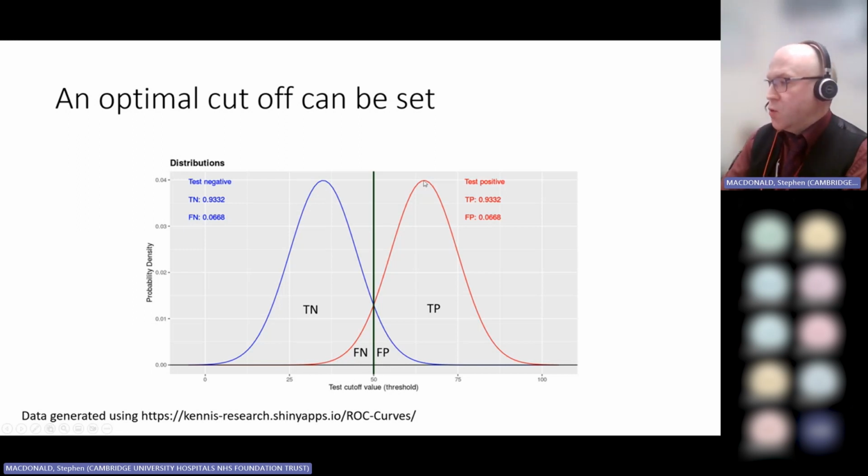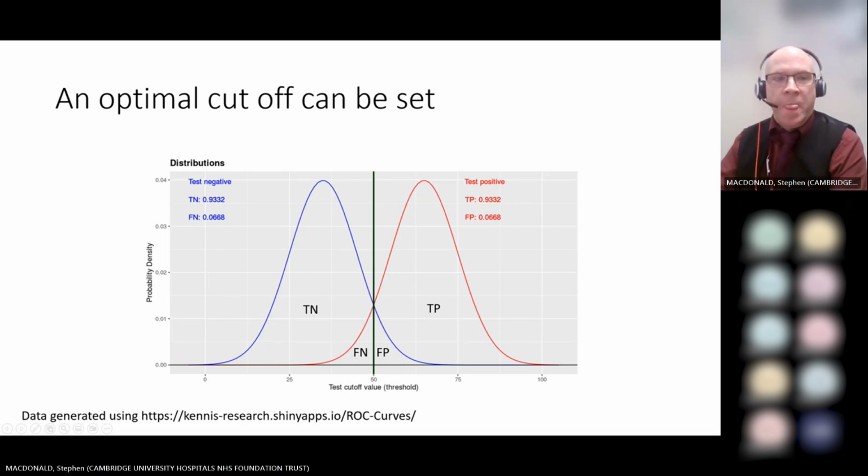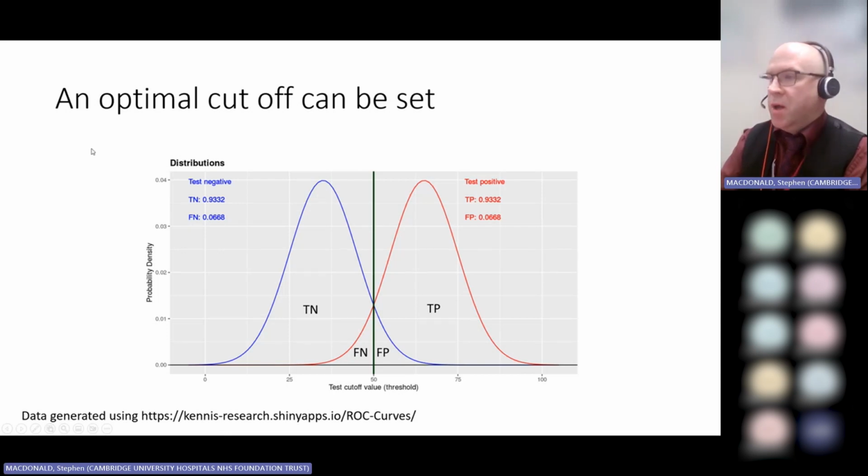Equally, for our patients who do have the disorder, all of these true positives, all the way through this population up until the cutoff, will be correctly classified as having disease. But again, this small shape round here, where we're lower than the cutoff, in patients with disease will be falsely classified as false negative.